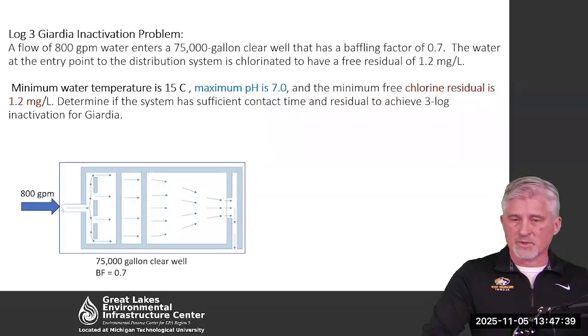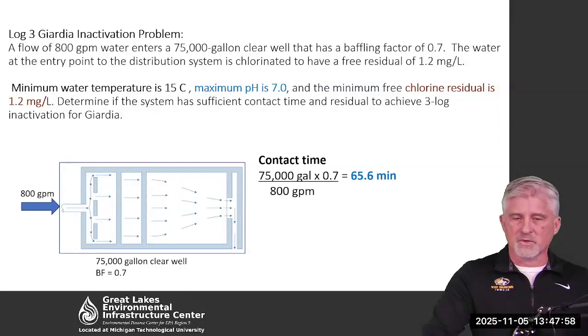The minimum water temperature is 15 degrees Celsius, the maximum pH is 7.0, and the minimum free chlorine residual is 1.2 parts per million. Determine if the system has sufficient contact time and residual to achieve 3 log inactivation of Giardia. The first thing we want to do is determine our contact time.